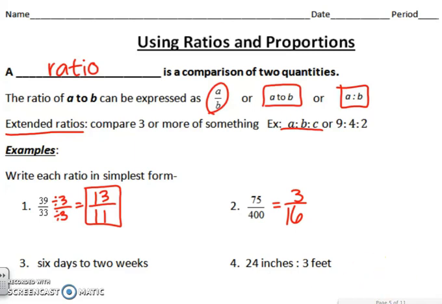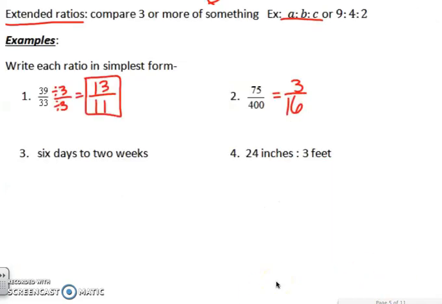All right, number 3 and 4, they want us to compare 6 days to 2 weeks. So the major thing is I'm not in the same units. Okay, I can't compare days and weeks, so I can't say 6 to 2. What I need to do is basically convert these weeks into days.